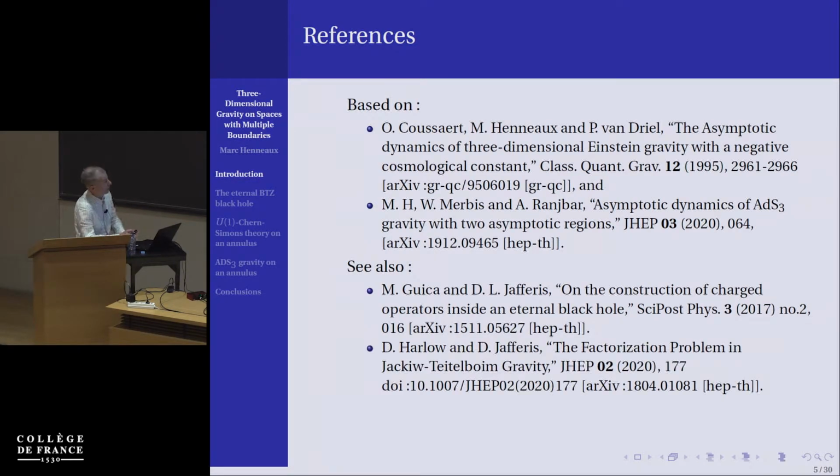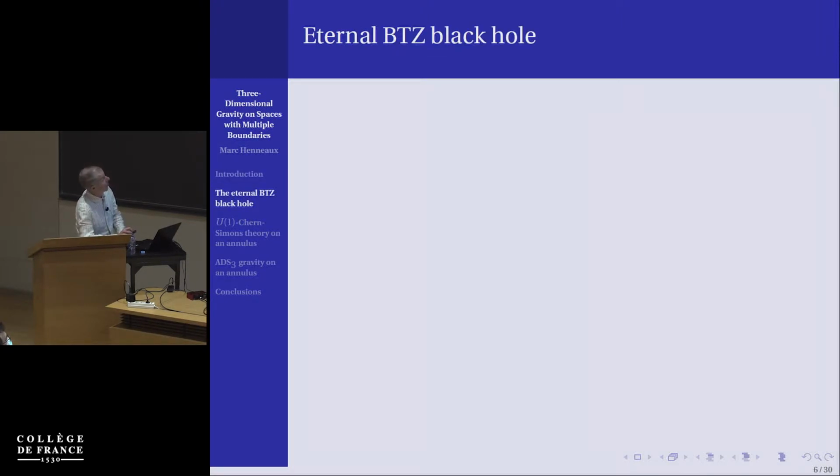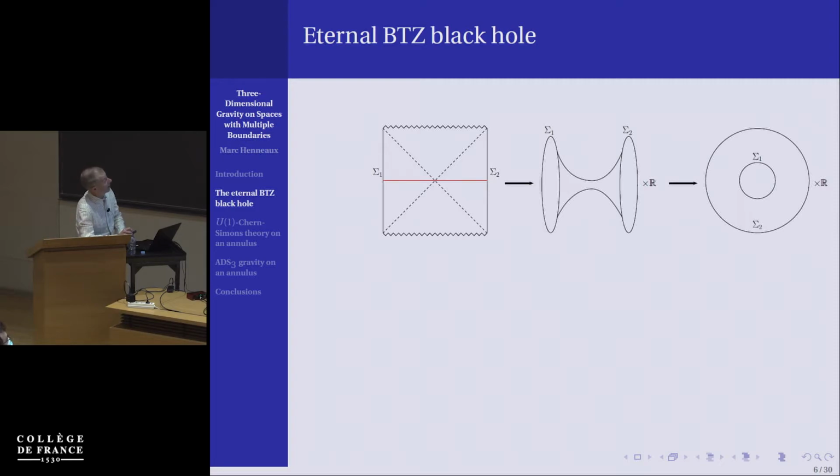Then there is this paper which tried to understand the implication of that puzzle. And then there is a paper about which we heard last week. Okay, so let me start with the BTZ black hole.